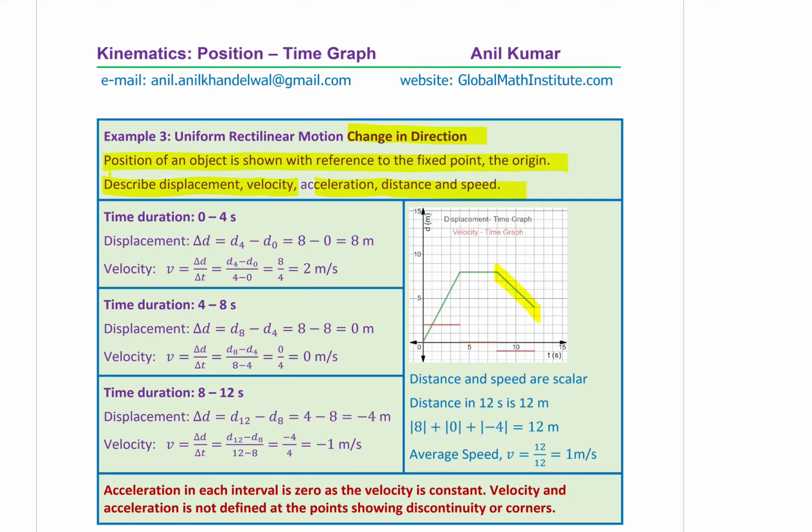Again, we'll analyze this in 3 intervals. The first interval in this case being from 0 to 4, where the distance is increasing at a constant rate. And then we'll take up the portion where the distance is stationary, not changing. The velocity is 0, correct. And then when the distance or the displacement is decreasing, correct.